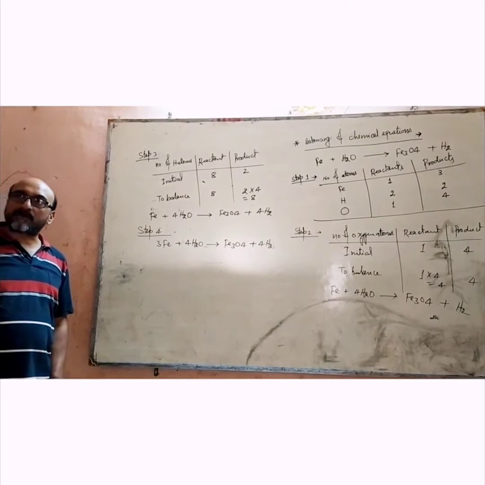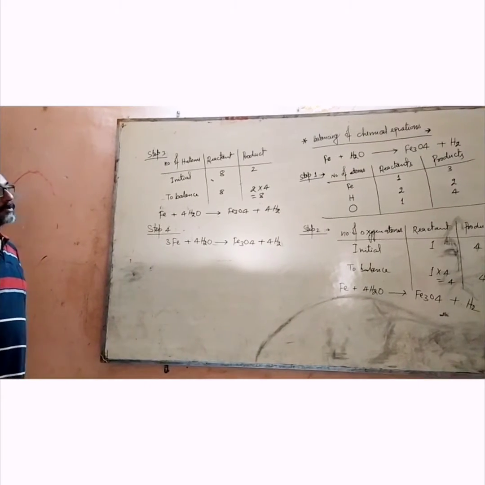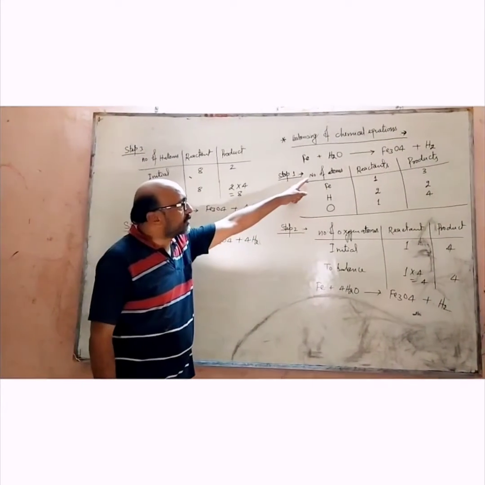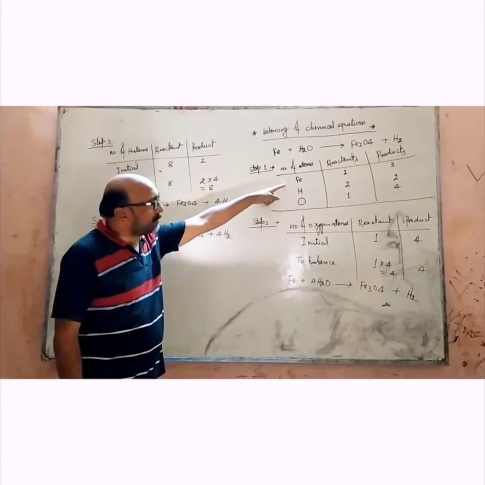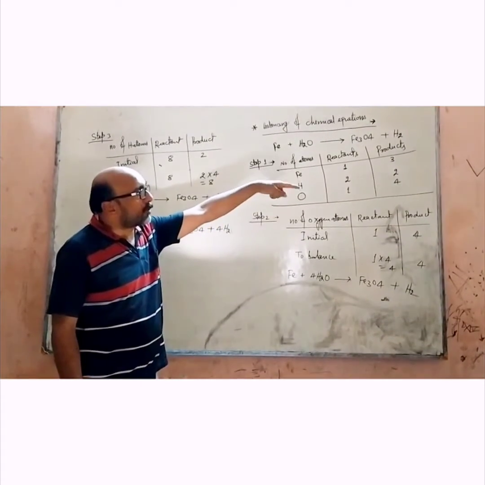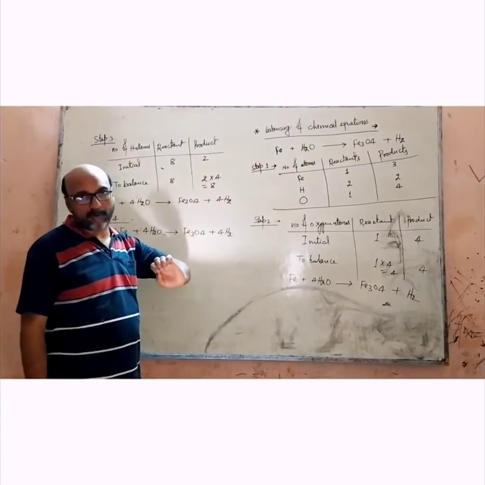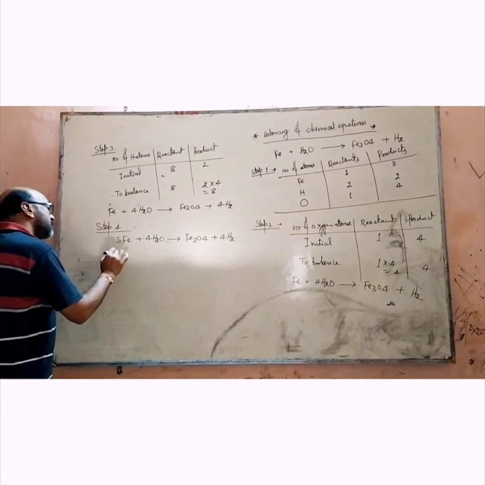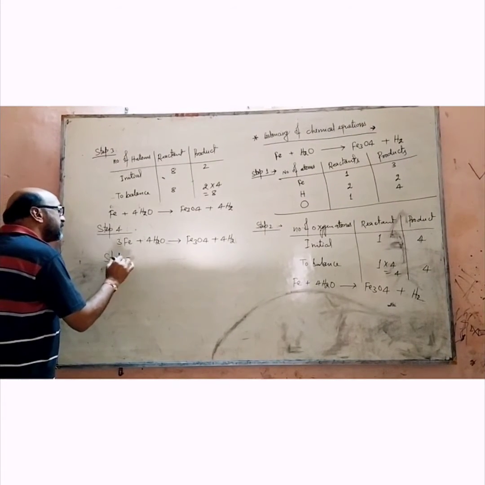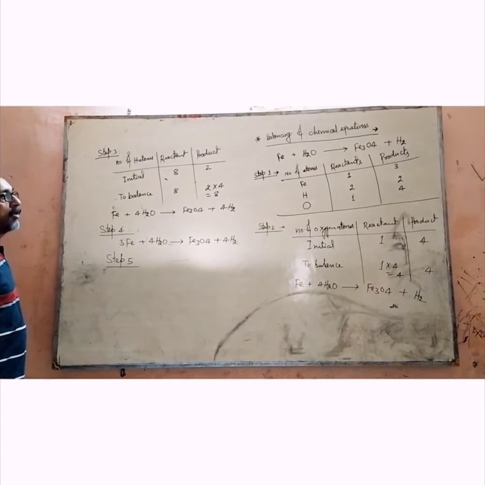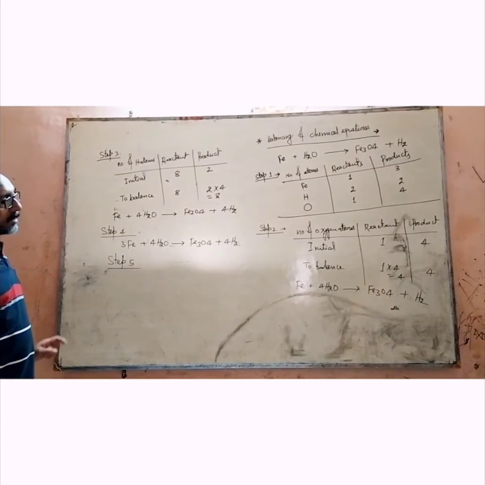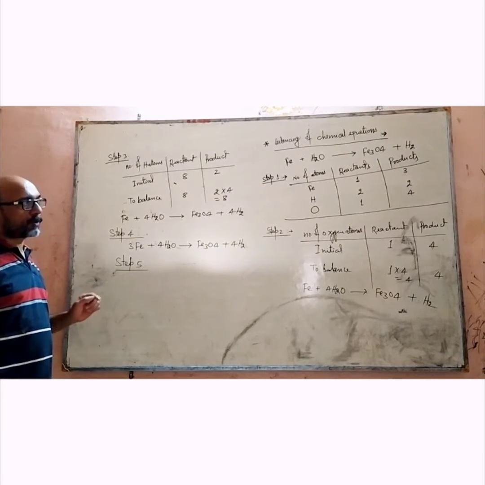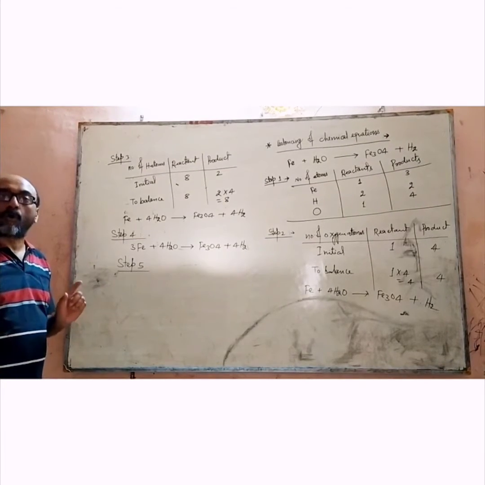In the last and final step, we can check. In the first step, we considered separately the number of atoms which were not equal. In the final step, we check whether the number of atoms of each element in the reactant and products become equal or not.